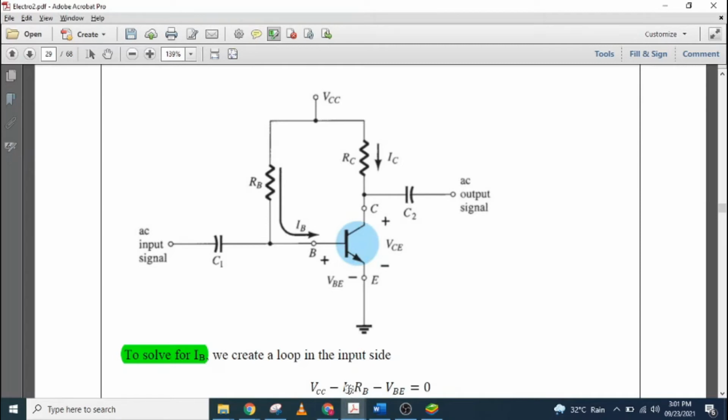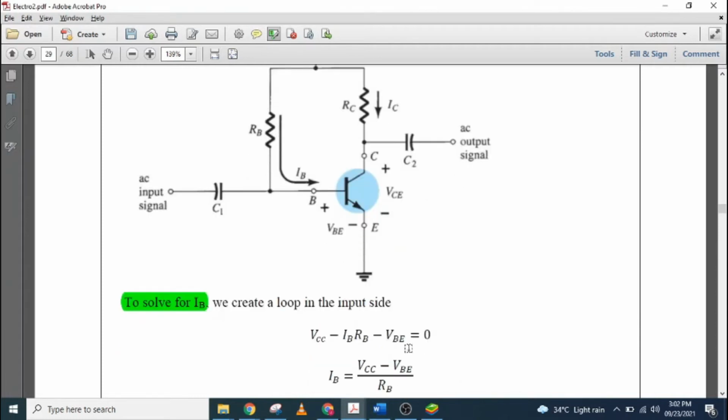So VCC minus IBRB minus the VBE, this base-emitter diode, which is 0.7 volts if our transistor is silicon, equals 0. If we want to solve for IB, we move terms to the other side and divide both sides by RB. This will be our equation: IB equals VCC minus VBE over RB, which gives us the base current.